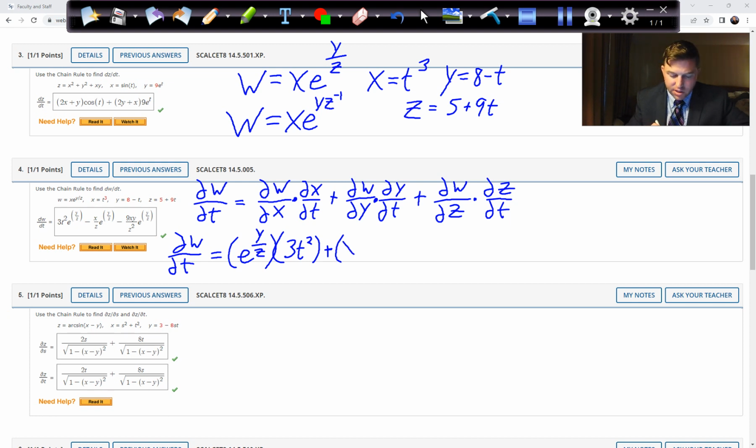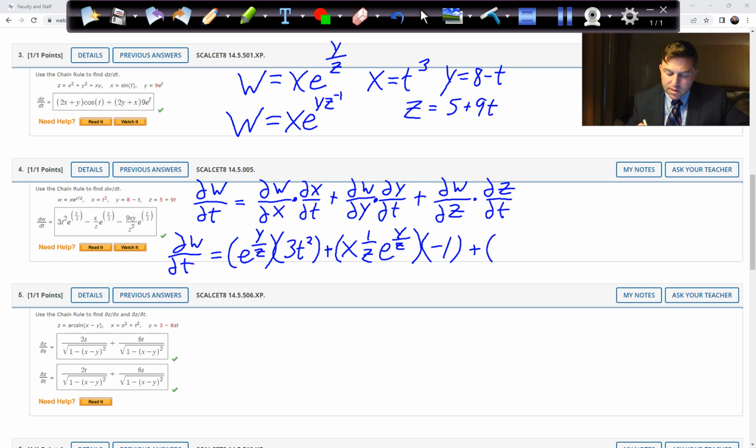So this is just going to be x, but this, we'll leave it as 1 over z. This 1 over z is a constant in front of y, so that's going to come down. So this is really x times 1 over z times e to the original thing unaltered, y over z. Okay, that's dw dy. Now dy dt would be just minus 1. So the derivative of y with respect to t, the 8 goes away, and minus t becomes minus 1.